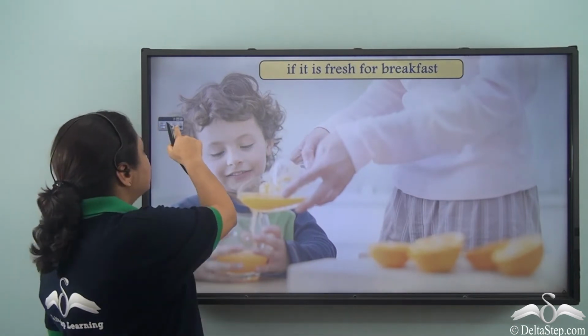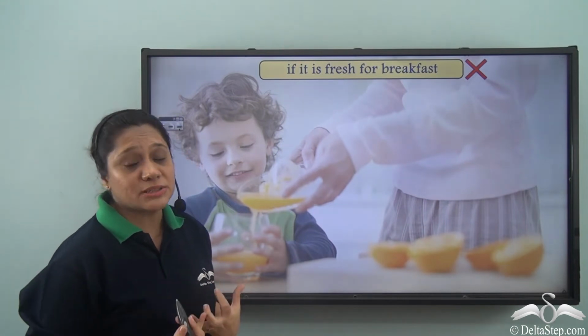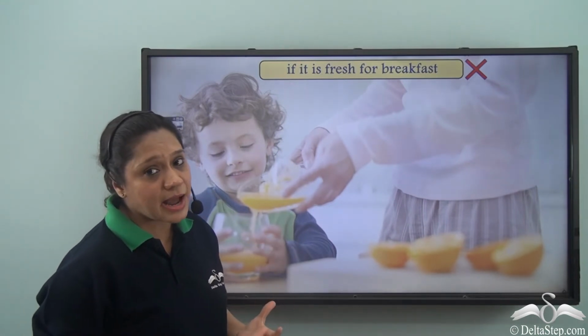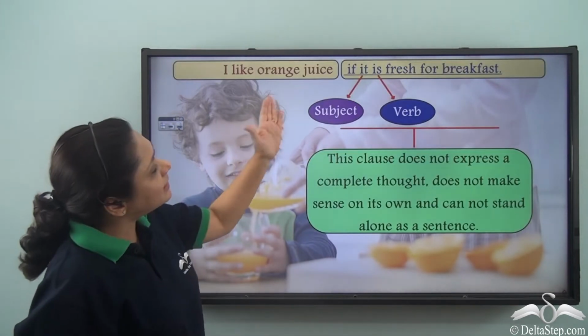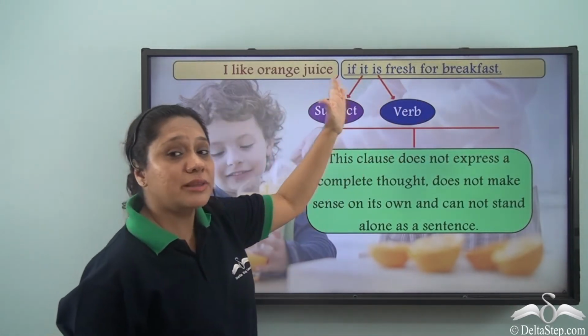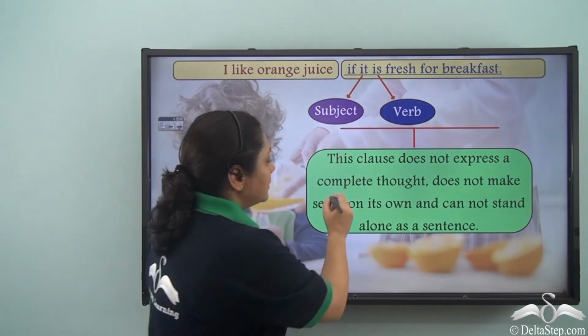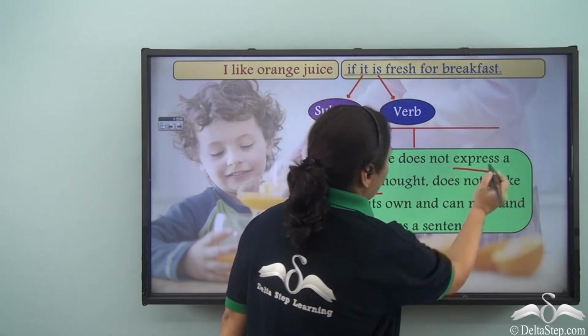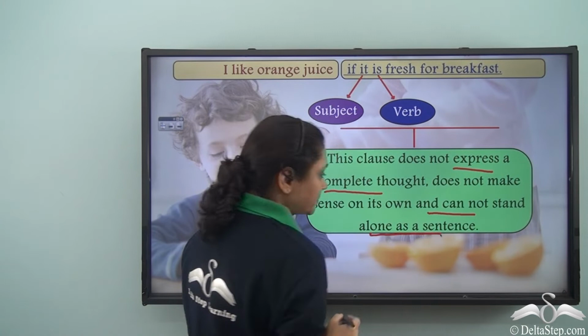We cannot. This sentence is incorrect. It is not complete because it is not giving us the full idea of what it is trying to say. So, we see that this part or this clause, if it is fresh for breakfast, does not express complete thought and cannot stand alone as a sentence.